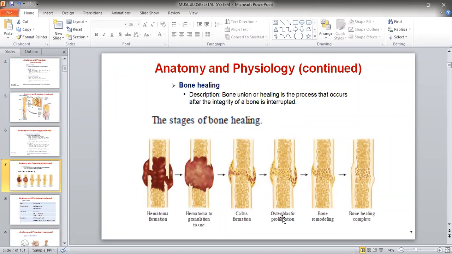osteoblastic activity. Osteoblast means bone forming activity, and then bones remodeling, and finally bone healing up. This is the step-by-step process of bones healing. So keep in mind, when bones are broken they go through some steps, and it is called the healing process.